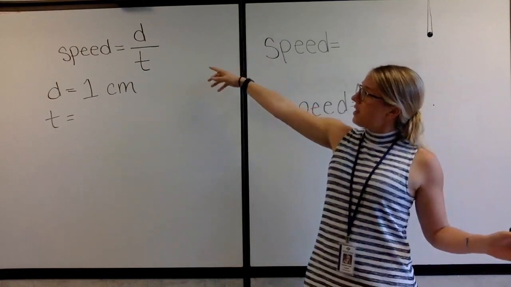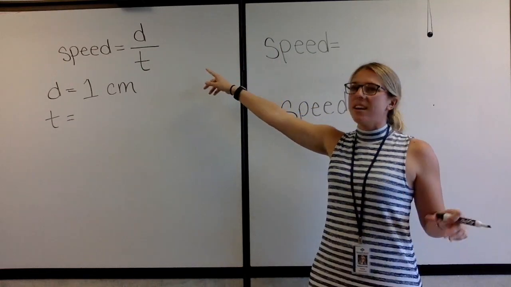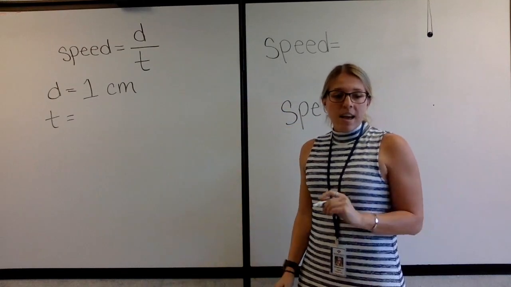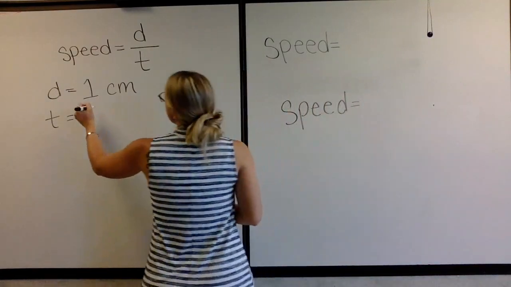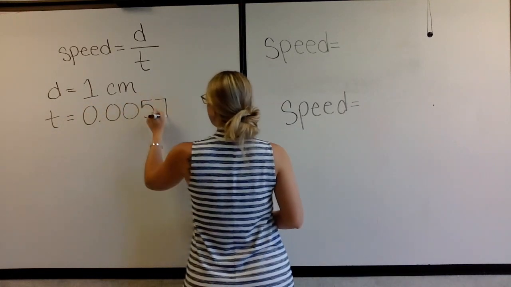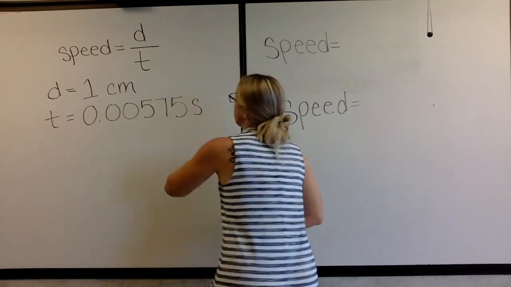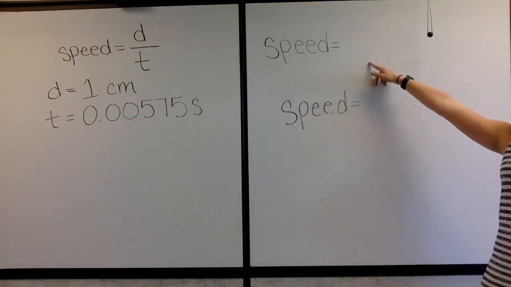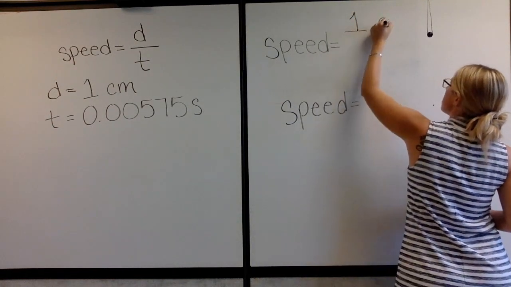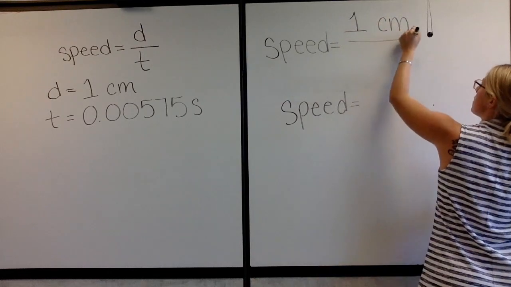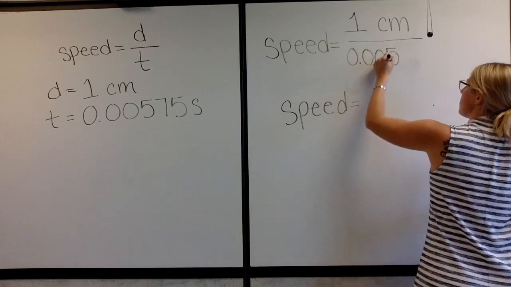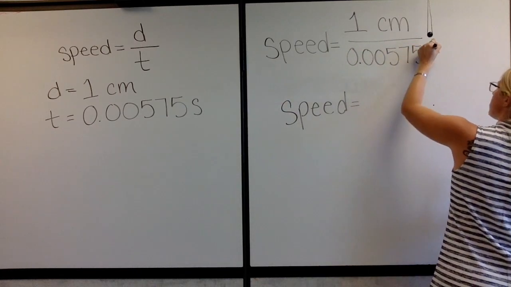Okay, so now we're going to calculate to see if the prediction that we made was actually correct. So remember, the formula for calculating speed is distance over time. Our distance is still 1 centimeter, and in this case, our time is 0.00575 seconds. So when we plug that into our formula, we're going to get 1 centimeter over 0.00575 seconds.